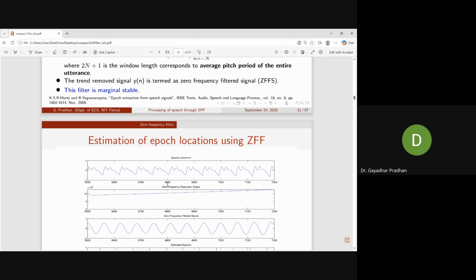If I keep on accumulating, you see it is 1 here, but it is 10 to the power 6. What a huge value. Therefore, I am saying it is an unstable filter because I have to store this data in memory, and I don't have such memory. But if I take a period and subtract, there is a variation in this data, but it is not observable.